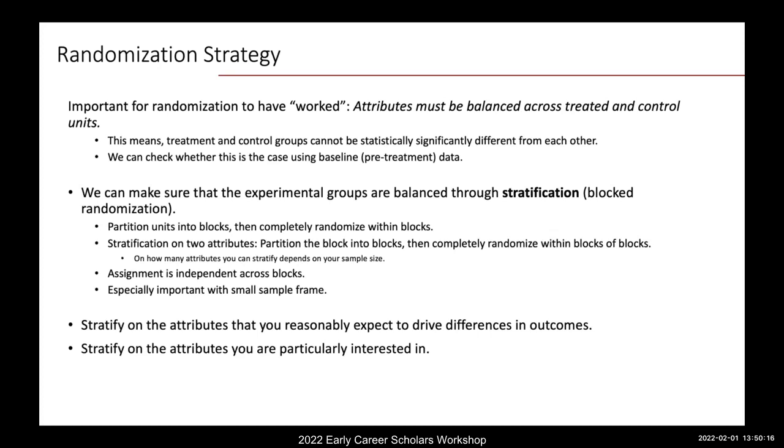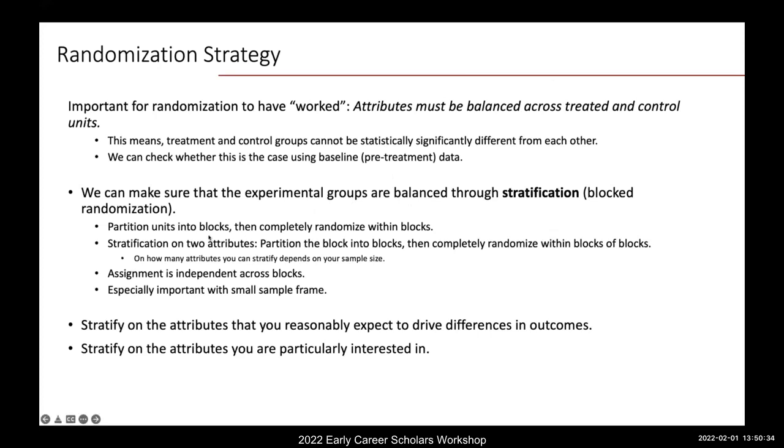As I have said before, this might not necessarily always work out, but what we can do is make sure that experimental groups are balanced on some covariates that we actually care about through stratification.